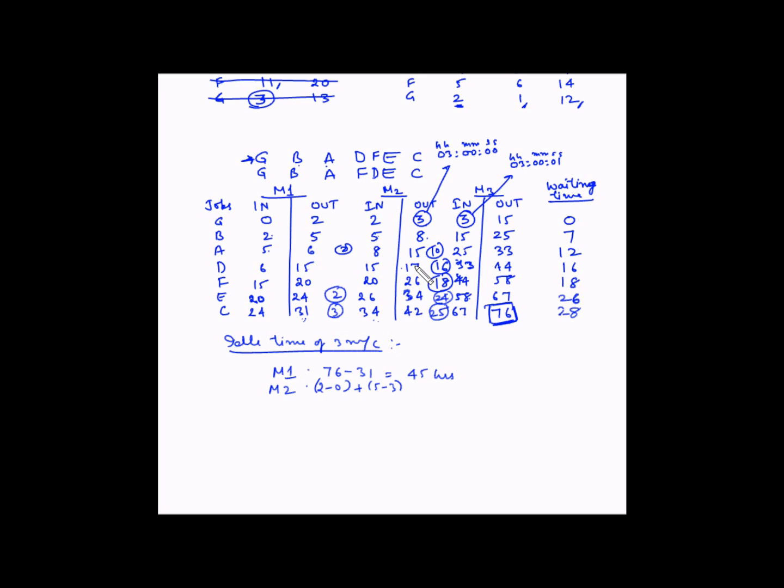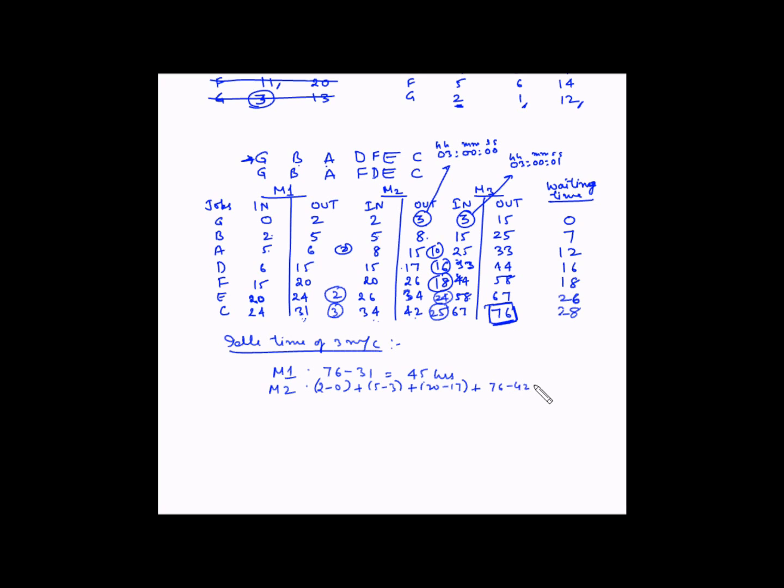So there is a wait time or idle time of 20 minus 17 here, plus then it processes F till 26th hour, starts processing E on the 26th hour, finishes 34, 34, and then finishes 42. So after 42, then again it has a wait time or an idle time till all the jobs are completed on machine M3, which is 76.